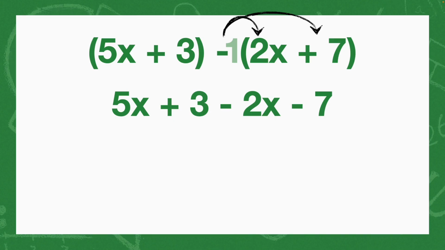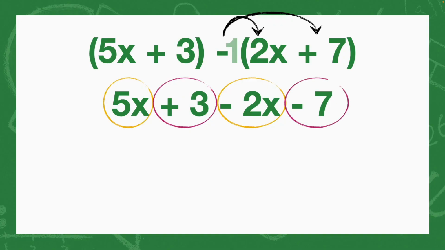But now at this point, I can just go ahead and identify my like terms and combine them. In yellow, I have my x terms, 5x and a -2x, which combine to be a 3x. And in magenta, the 3 and the -7 combine to be a -4. So 3x minus 4 is this expression in most simple terms.